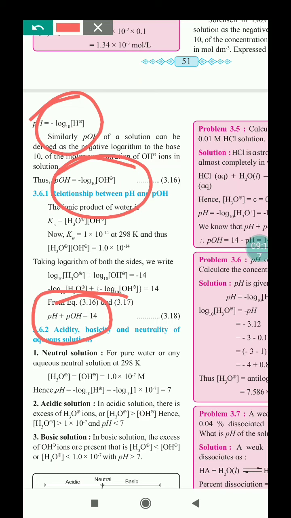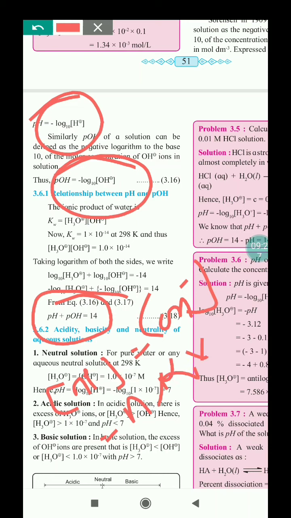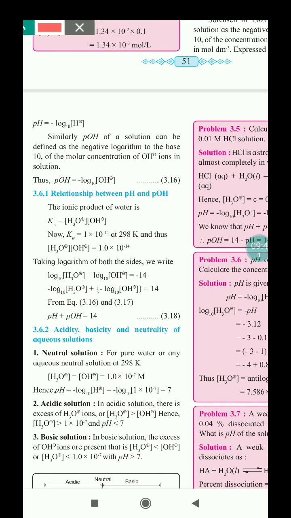Again we know that the concentration of H positive or OH negative is equal to n into alpha into C, where n is the number of hydroxide ions or hydrogen ions present in the given compound, alpha is the degree of dissociation and C is the molar concentration.